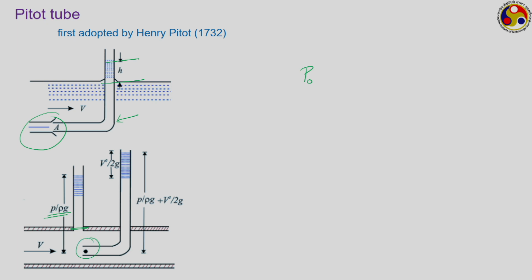And now, at this point, as the kinetic energy is getting converted to pressure energy, here we are going to get a measure of the stagnation pressure, and accordingly the liquid column height will be more here. So, we know that P naught will be equal to P plus half rho v square, or if we divide this by gamma or rho g, then P naught by rho g is equal to P upon rho g plus v square by 2 g.